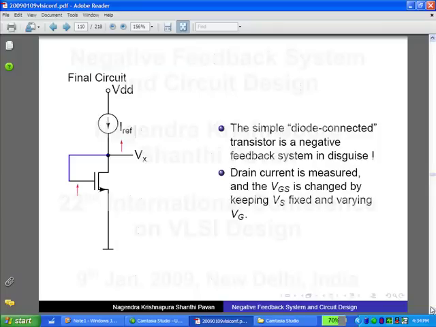Have you seen this before? All the time, correct? So what do we see? The simple diode connected transistor is basically a negative feedback system in disguise, right?